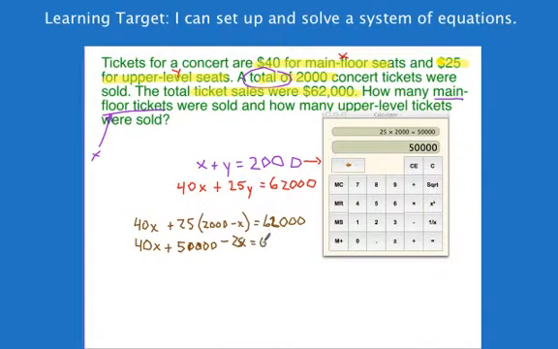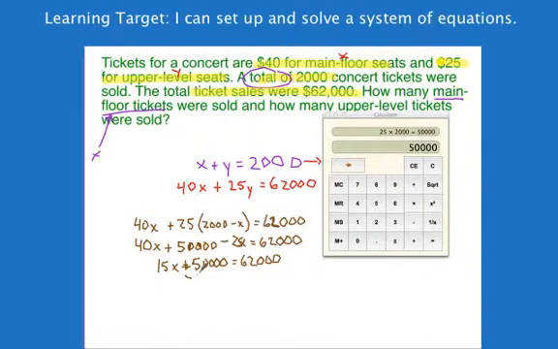And then I'm going to combine like terms and we'll solve. So I have 40x minus 25x, that's 15x, plus 50,000, I should say. Don't lose a zero, equals 62,000, and then we'll just solve this down.